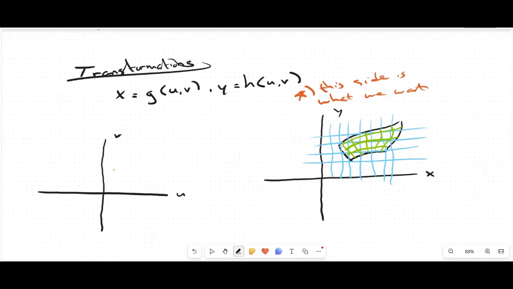What that means is there's going to be a nice shape in U and V, something like this.